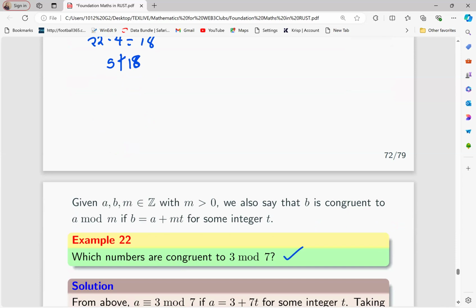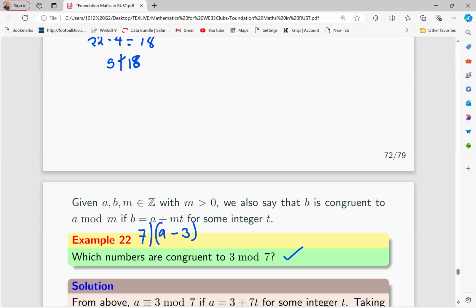We're asking which numbers, when you subtract 3 from them, give a result that is divisible by 7. You see, it cannot be only one number. There are several numbers which, when you subtract 3 from them, the result will be divisible by 7. So what are those numbers?